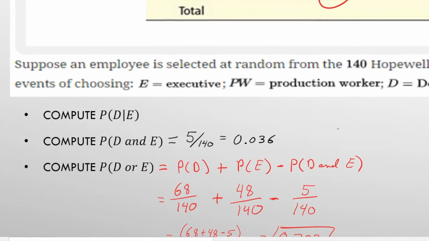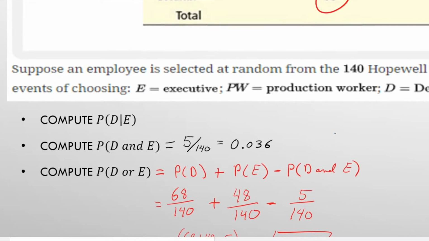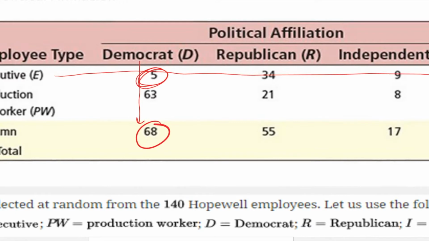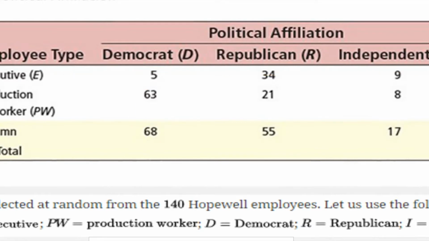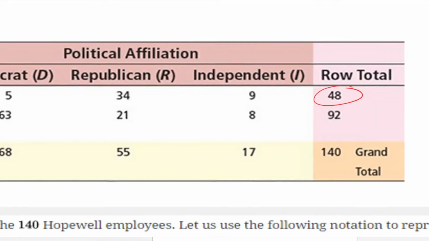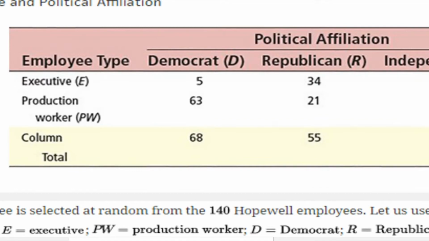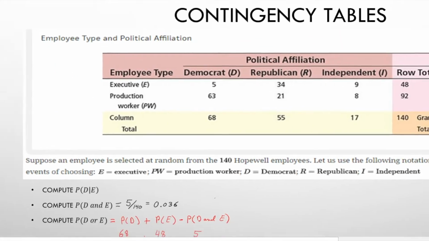So, we're computing the probability of Democrat given executive. Okay, so the key idea here is the way we interpret the word given in here. So what we're given is that it's an executive.